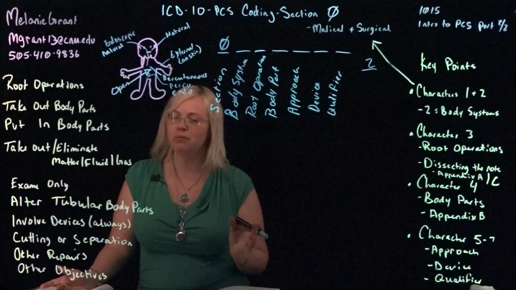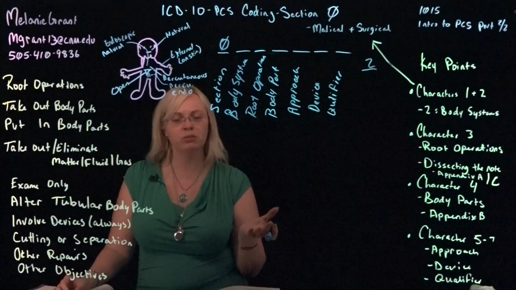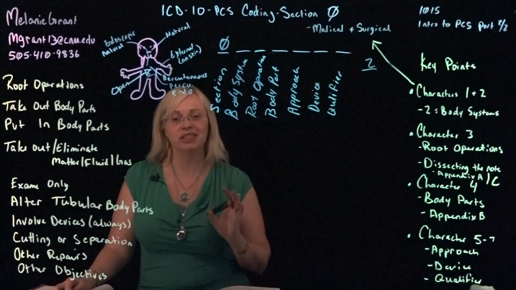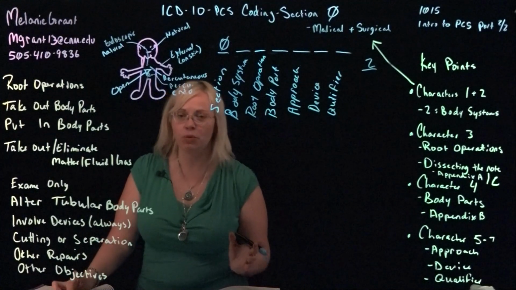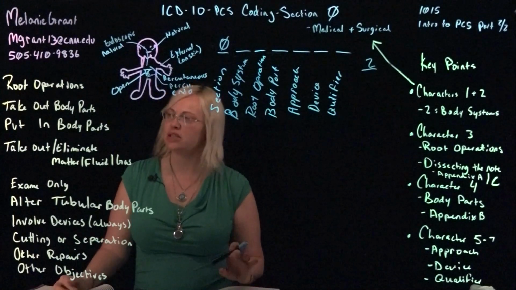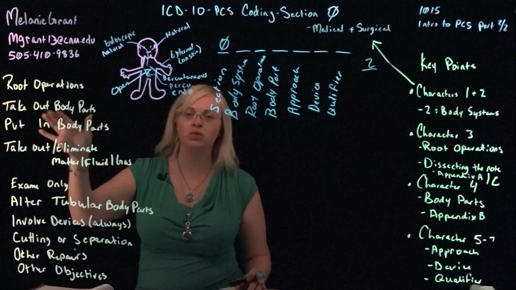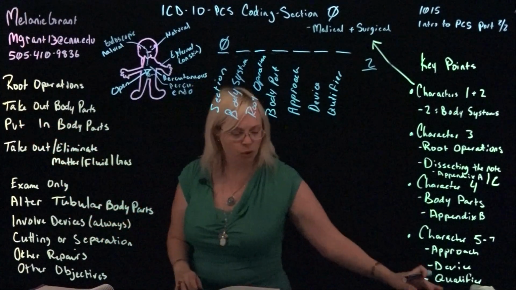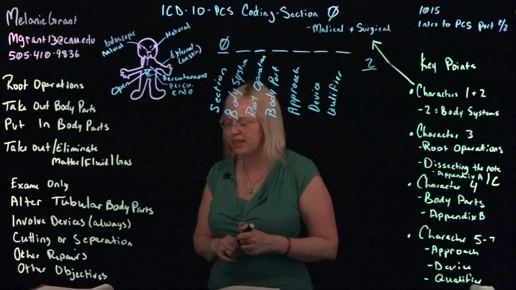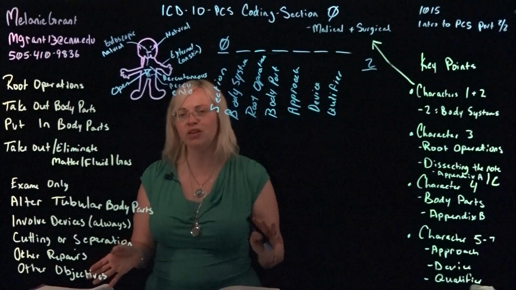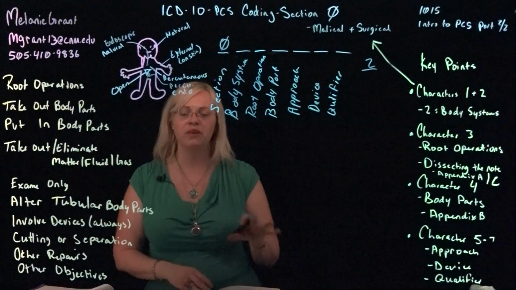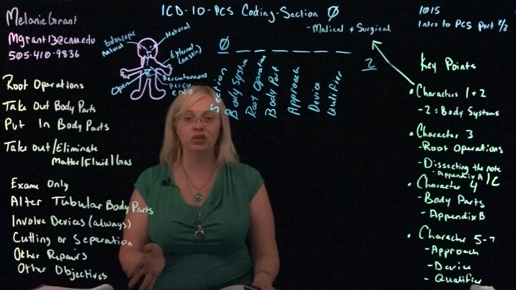Now, you may be familiar with some of these terms, especially the most commonly thought of, which is excision or detachment when we talk about medical and surgical procedures. And in fact, this particular group for root operations is one of the most popular. Now, one thing that I will say when you're looking at these is be aware your provider may use different terminology than what the PCS codebook is looking for.